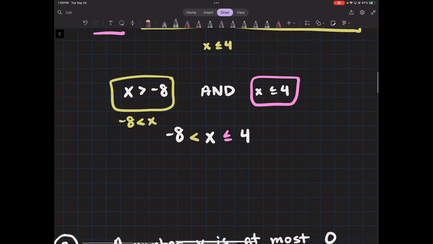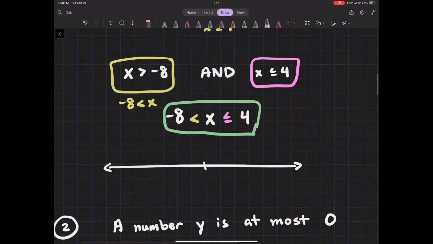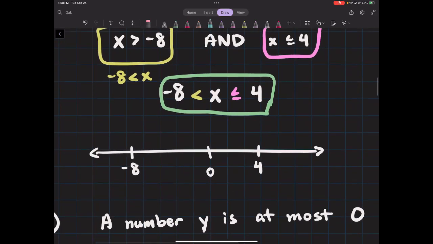Now you graph it. Let's see what the graph looks like. I'll show you. Where are our points? 4 and -8. Why can't we just write two different graphs? Pay close attention.